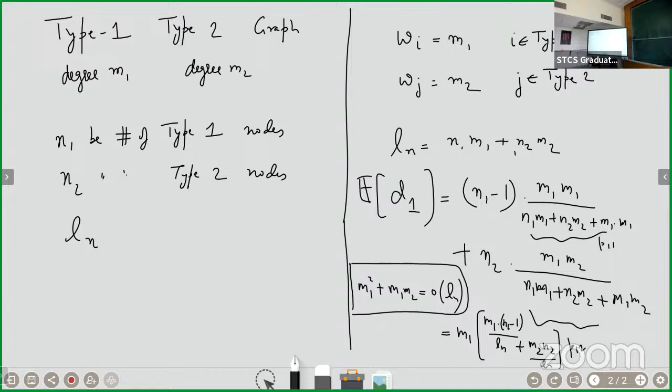Because of the heavy tail, this might become larger than log n. What might? The denominator.